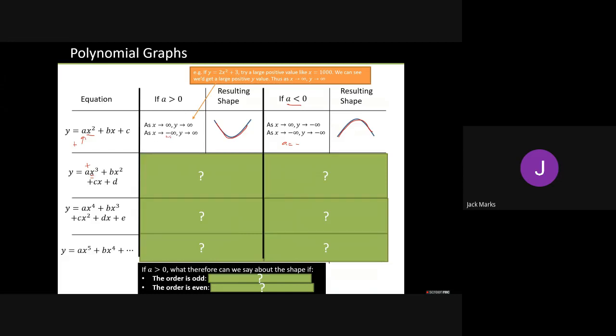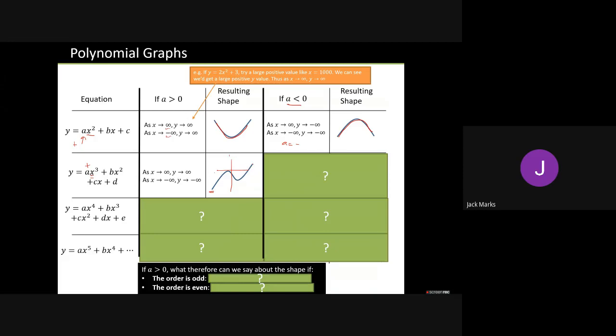And what about very large positive values? Imagine 100 times 100 times 100. This would be positive, and it would be a large number. So we could derive this shape. For very negative numbers, we're going to have a very negative result. So for a very negative x, we're going to have a very negative y.